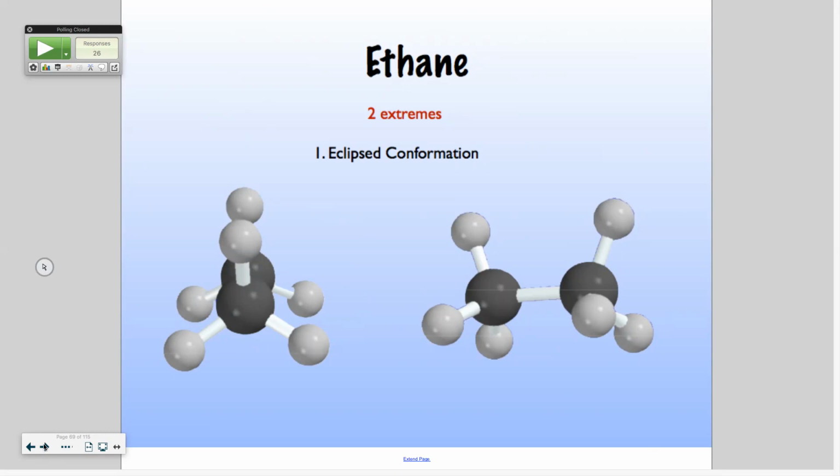That is called the eclipsed conformation of ethane. Eclipse. One in front of the other. That makes sense? You know, the moon going in front of the sun. That's the eclipse. So this is looking at it this way, and this one is looking at it that way.